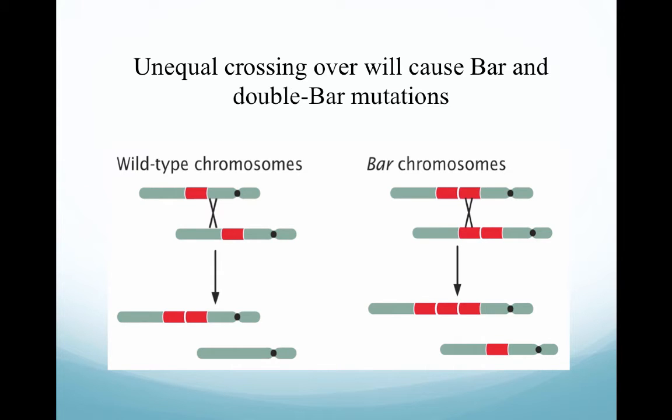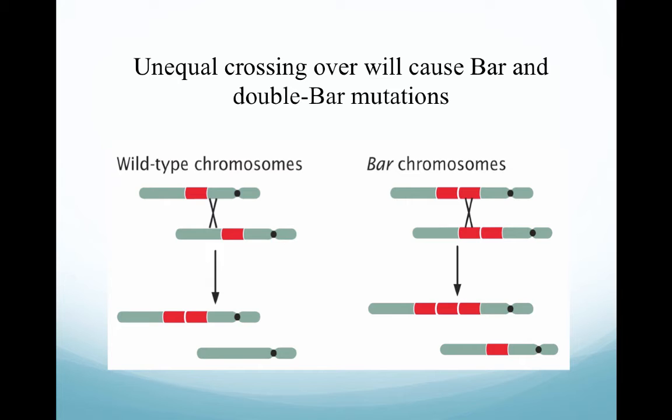So when we look more closely at this bar interaction, the duplications and deletions are actually going to occur pretty often because of unequal crossing over. So during prophase and meiosis, you're going to see a lot of crossing over and a lot of chromosomal information exchanging places.